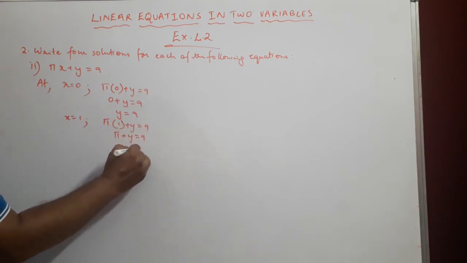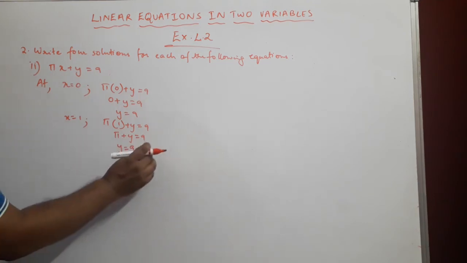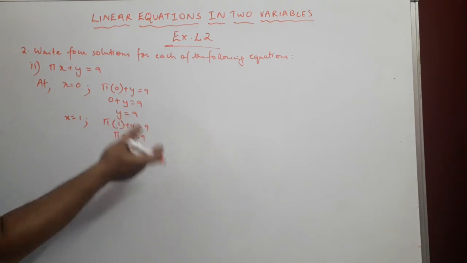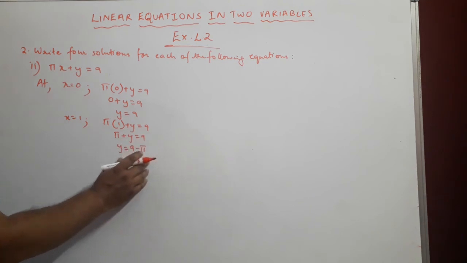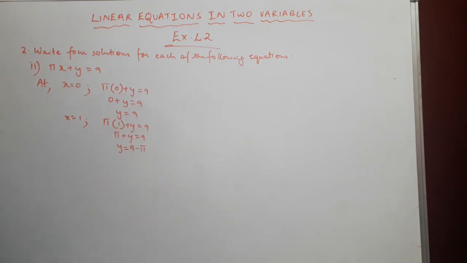So y equal to 9 minus pi. I will leave it at that, because pi is an irrational number and we do not know the value of that. It can be either 22 upon 7 or 3.14, but we leave it like this because all we need to do is get some solution for this, and y equal to 9 minus pi is good enough.